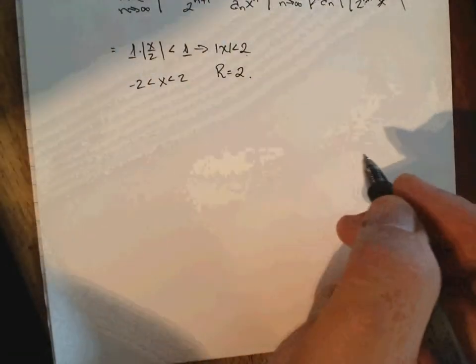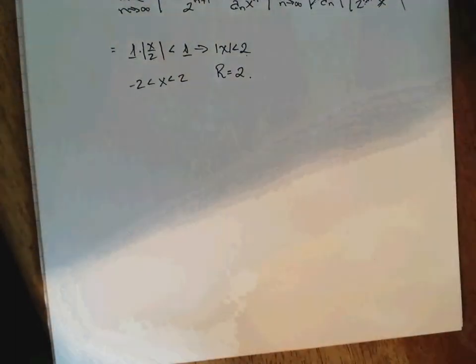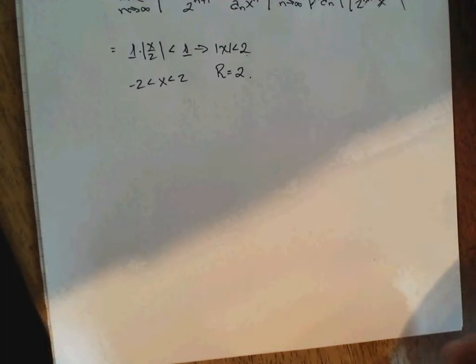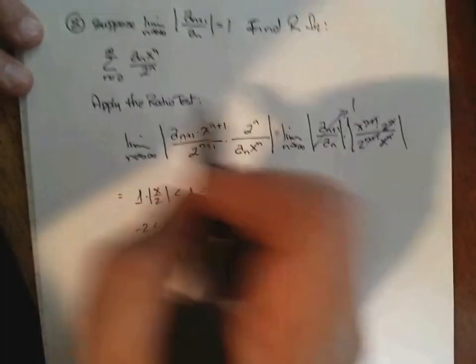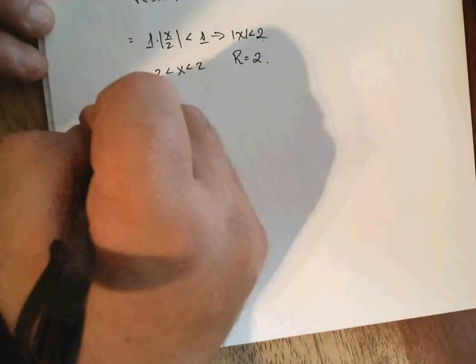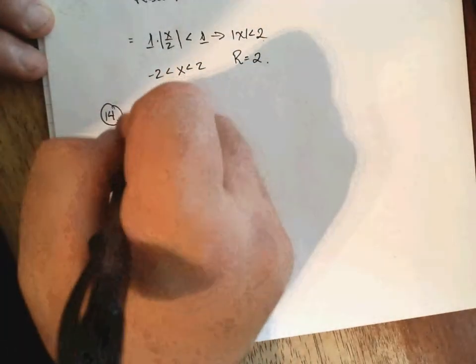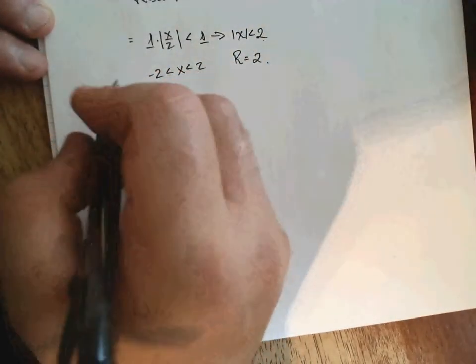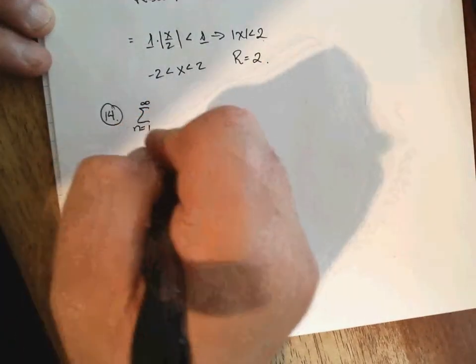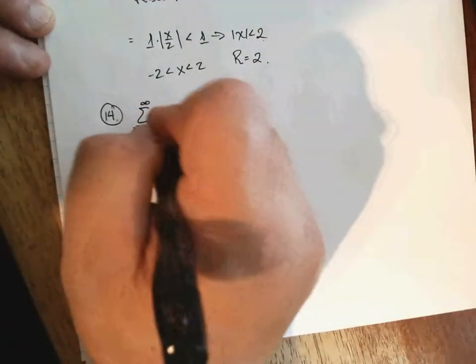Okay? All right. Let's take a look at problem number 14, where instead of using these arbitrary forms like they did here with an a sub n, they're going to give you a specific series. So in 14, the series is n is 1.